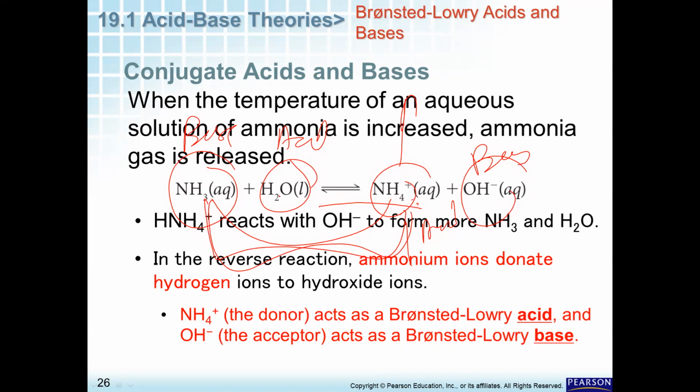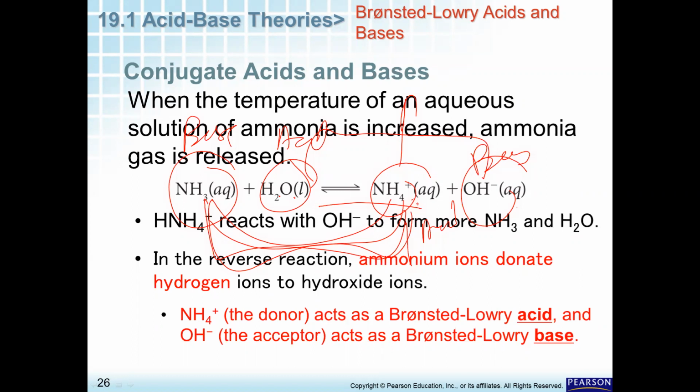Why do we call it a conjugate acid? Because it is an acid conjugated to another base. So we have a base and a conjugate acid, and we have an acid and a conjugate base. These are pairs like that. All right, so whenever we are dealing with Bronsted-Lowry acids and bases, usually we form conjugate pairs relating the acids and bases together.